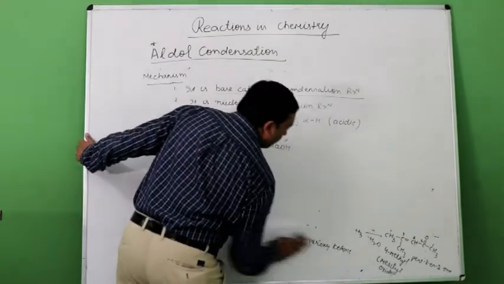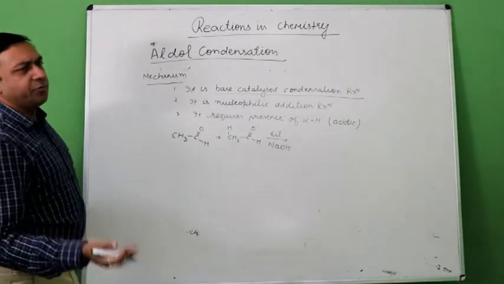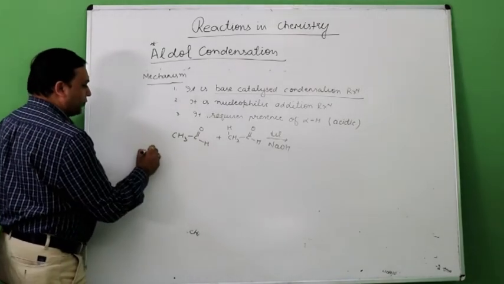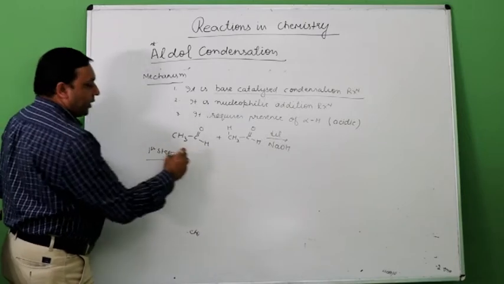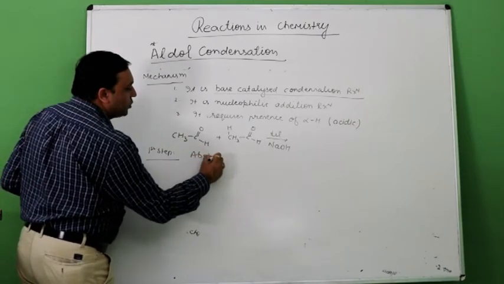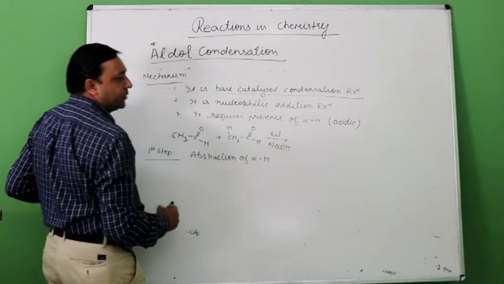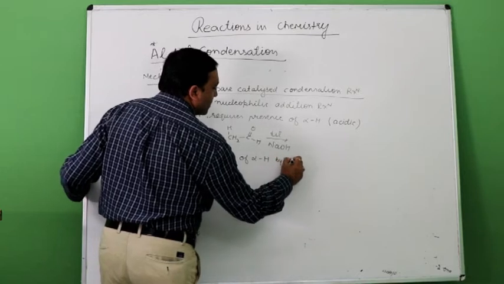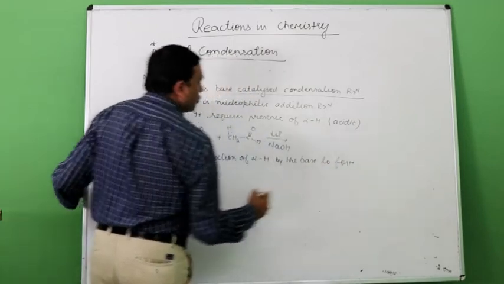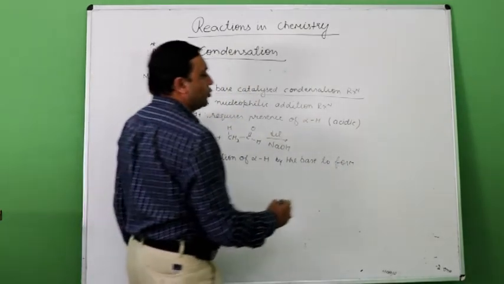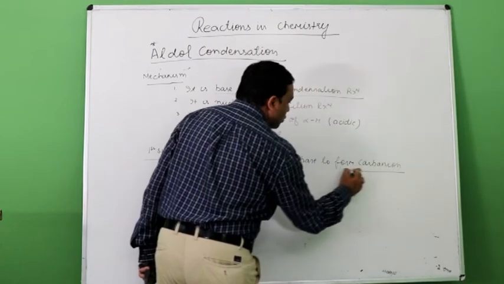In the first step, there is formation of a carbanion, and in the second step, this carbanion, in the slow rate determining step, will attack the carbonyl group to form a tetrahedral transition state.